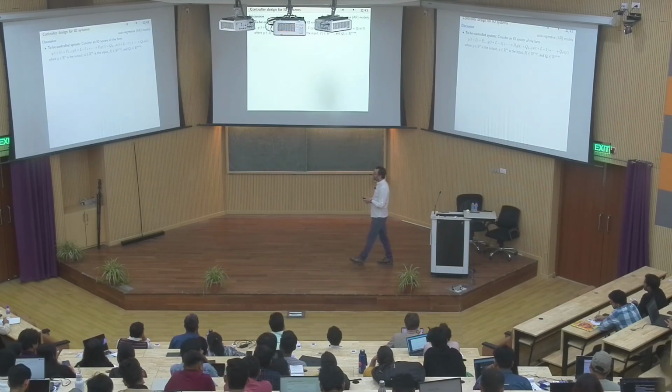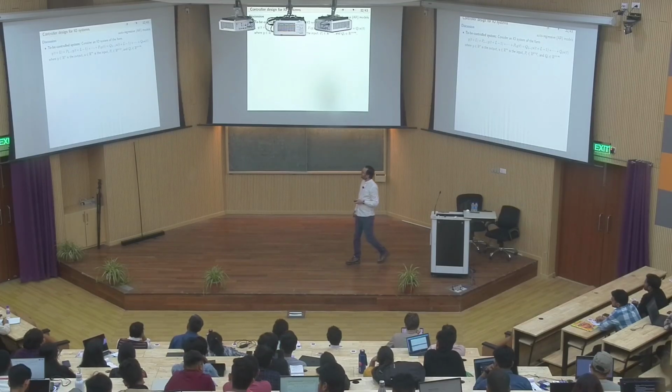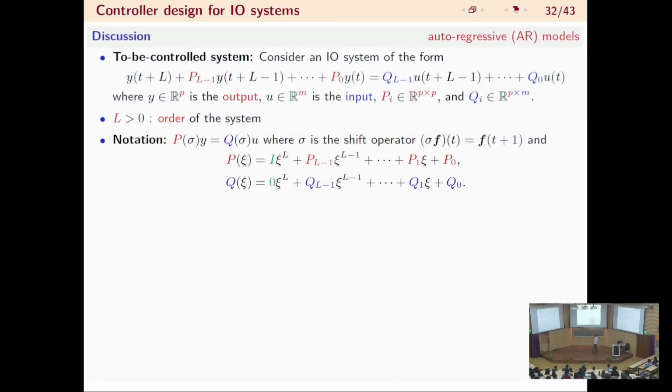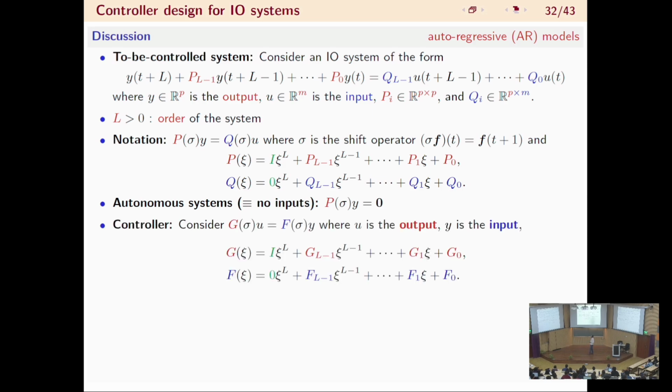So now I start with the system to be controlled. L is the order of the system. I define these polynomial matrices, and therefore I can write the system in a compact way. And for autonomous systems, I know how to assess stability, and now I choose a controller. What does a controller mean in this case?